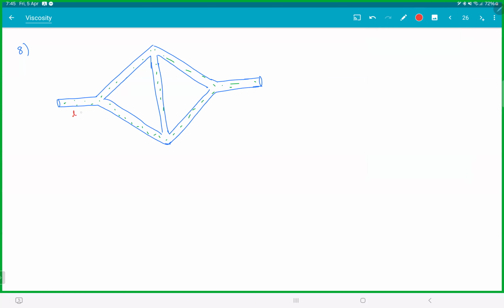This is L and the radius is A. This is 2L, radius is A. This is 2L, radius is A. This is 2L, radius is A. 2L, radius is A. This is also L and A.